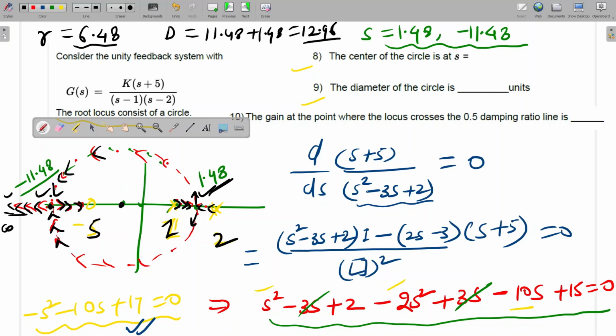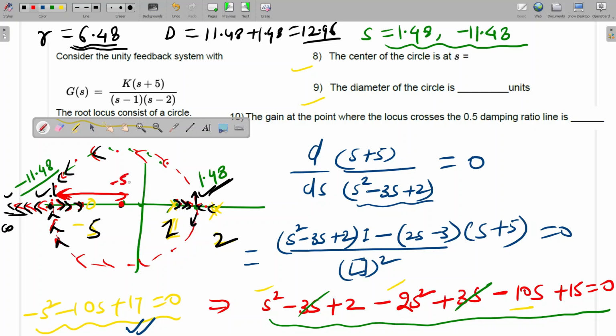Okay. So since the radius is 6.48, how can we calculate the center? So on this real axis, somewhere the center will be there. So this is minus 11.48. So what will be the radius? 6.48. So 11.48 minus 6.48, what will be this value?